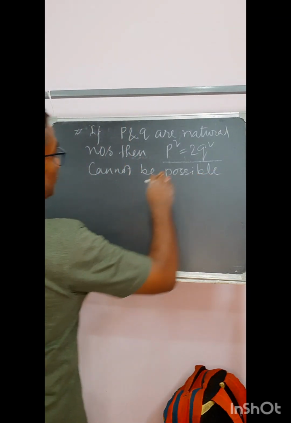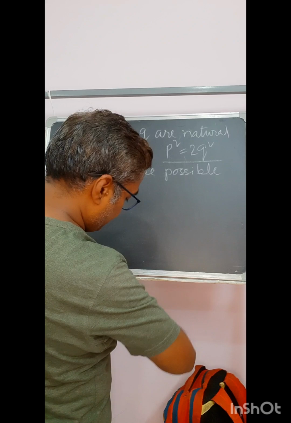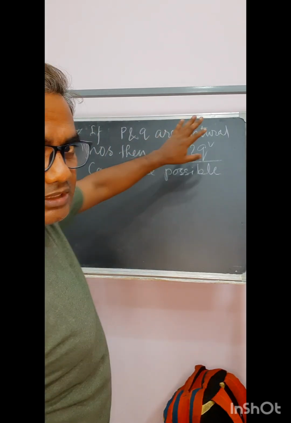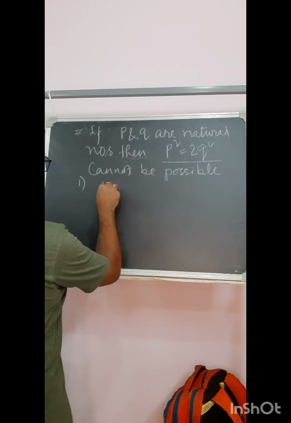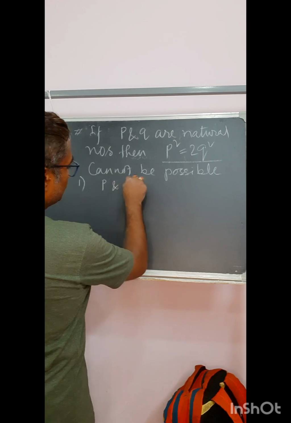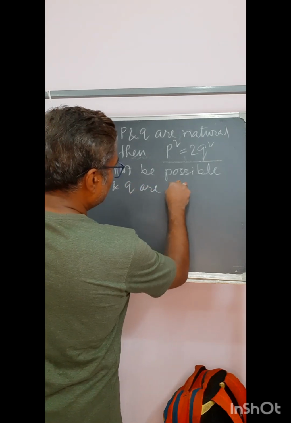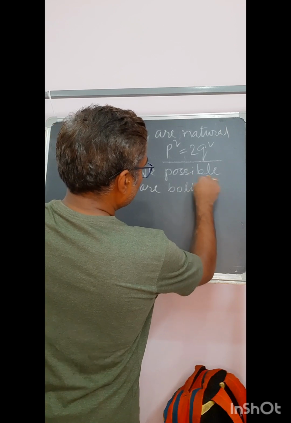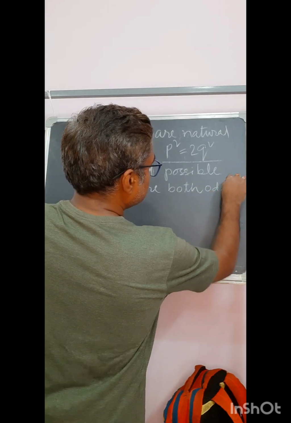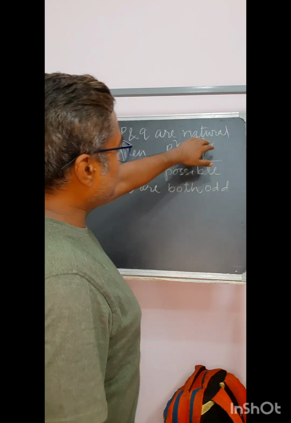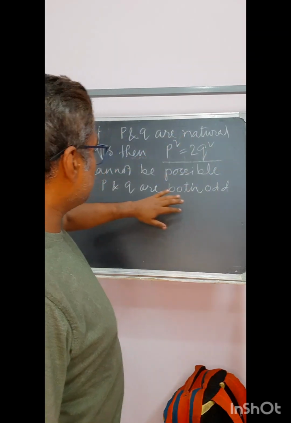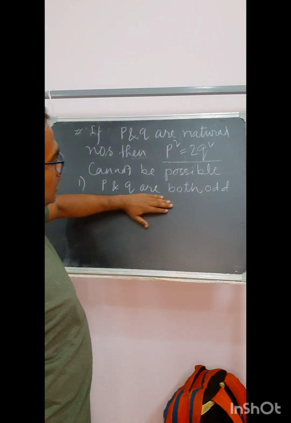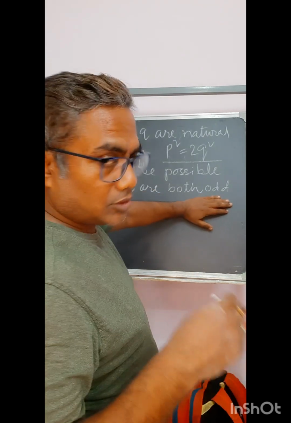So what are the different conditions? Because p and q are in the natural number set, there could be 4 conditions which may arise, where p and q are both odd numbers, because even and odd lie within the natural numbers. I have said p and q are natural numbers, so obviously in some cases they could be odd.